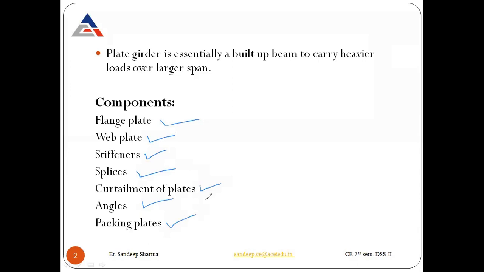Each component of the plate girder has its own importance and function, and each supports a different kind of load acting on the section. So the design of all these components is necessary so that we can make a safe plate girder against heavier loads along a long span.